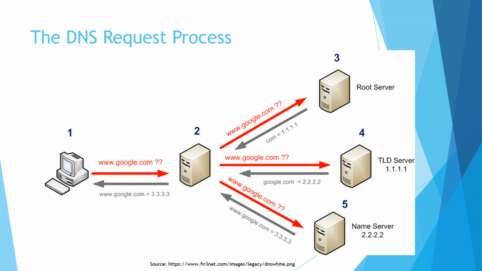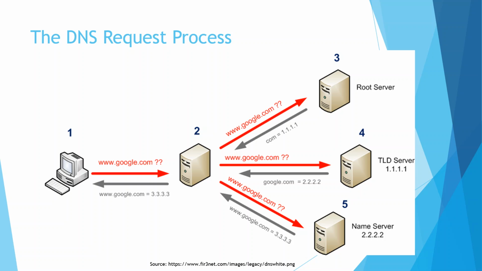The recursive DNS server is going to say, thank you, I appreciate that. Now, how about I go talk to com? Hey, com, the DNS server for com, what is www.google.com? And the top level domain server at com is going to say, I don't know what the record is for www.google.com. However, I do know that the DNS server for google.com is at 2.2.2.2.